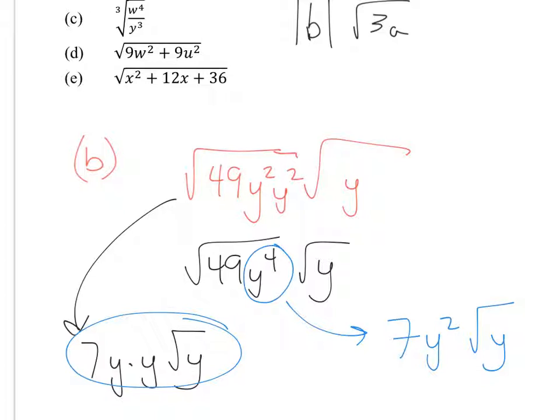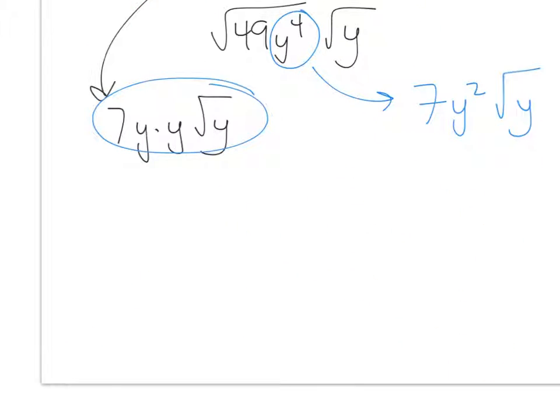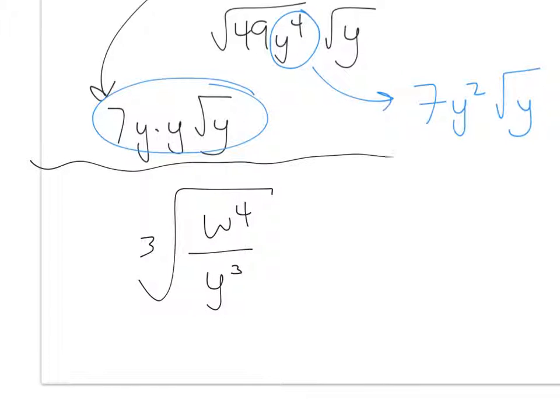How about part C? The cube root of w to the 4th over y cubed. What you got for me? Sarah? If you divide w to the 4th into w to the 3rd times the cube root of w.